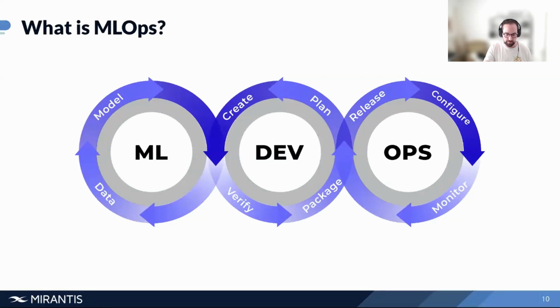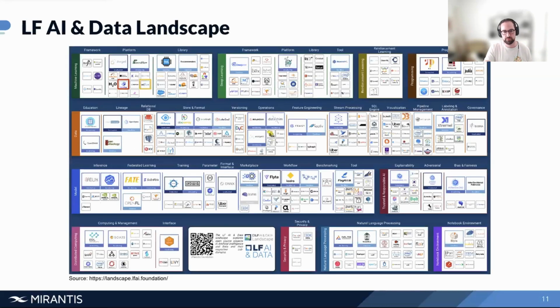For machine learning ops, there are a lot of different tools. So the Cloud Native Computing Foundation is expanding very fast, especially the Linux Foundation for AI and Data. So there are a lot of different tools and a lot to talk about. But today we'll focus on Kubeflow.